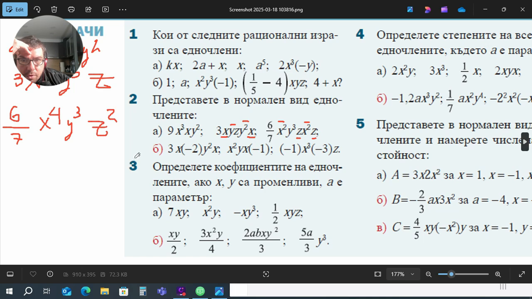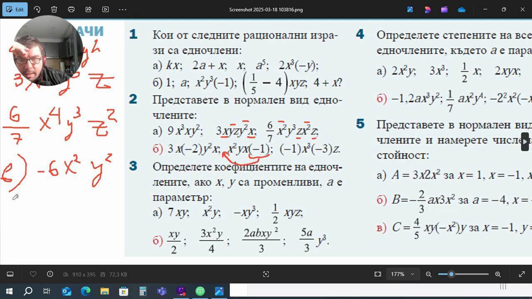Okay, good. What about b? I multiply the constants here. 3 times minus 2, this is minus 6. x times x is x to the power of 2, y to the power of 2. Next one, remember the constant has to be in front of the expression, so this has to come here in order to have the standard form.